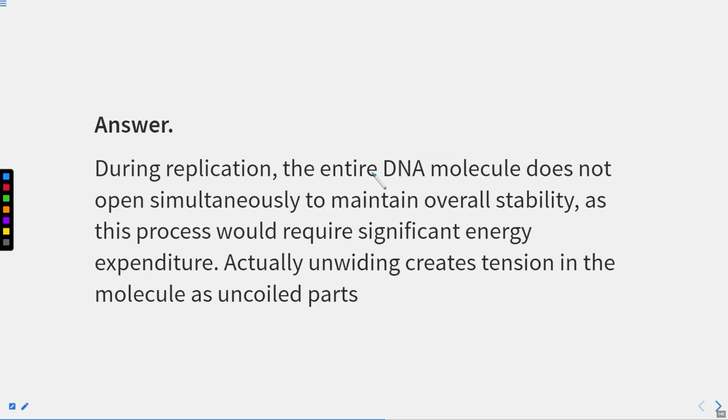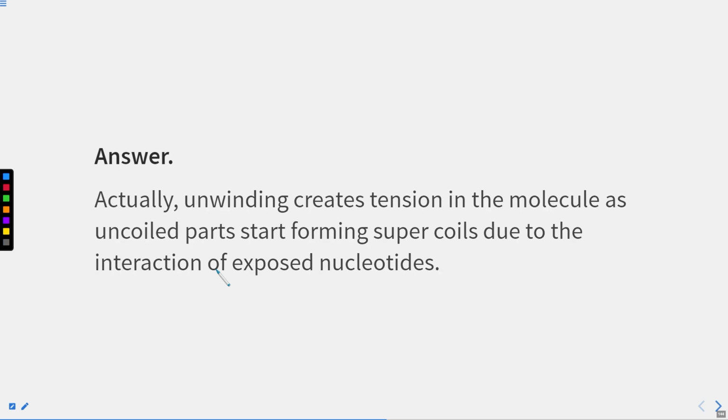Now, during replication, the entire DNA molecule does not open simultaneously to maintain overall stability, as this process requires significant energy expenditure. This unwinding creates tension in the DNA molecule. This I have already told you.